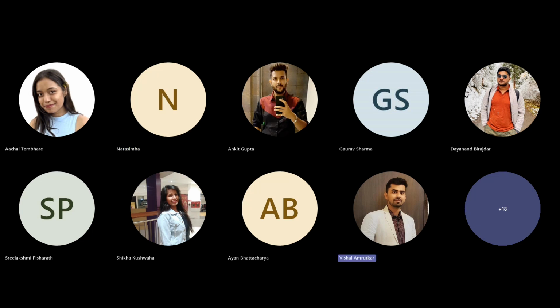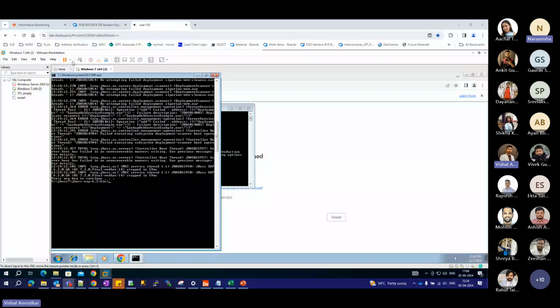Narasimha, I ran that standalone command again after my machine got restarted, so I'm getting the below error. Let me share my screen. Let me know once it is visible.